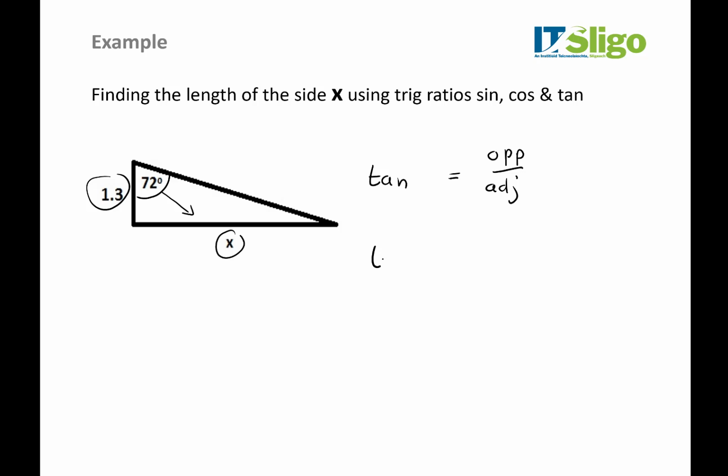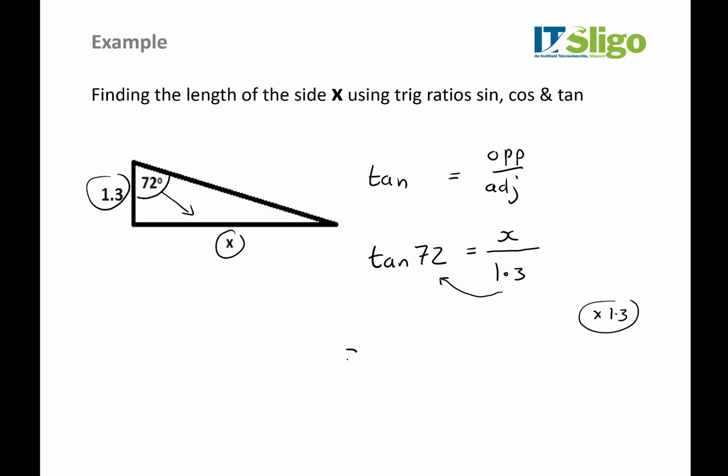Now in this case I know the angle of interest is 72. The opposite is x and the adjacent is 1.3. So now I need to solve for x. I need to get x on its own. How I'll do that is I'll multiply both sides by 1.3 to get this guy up and out.